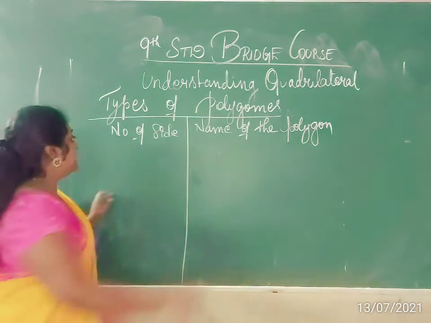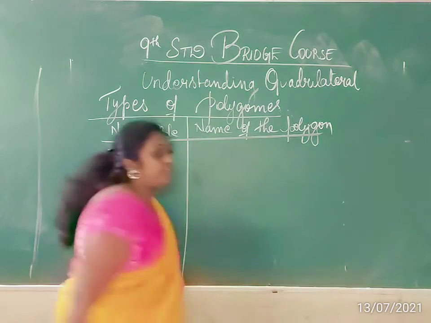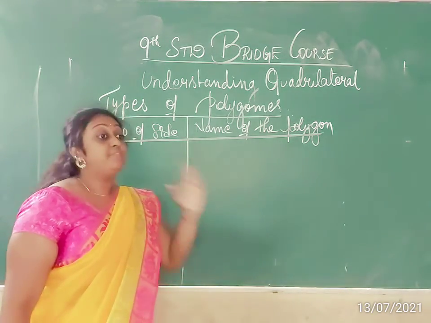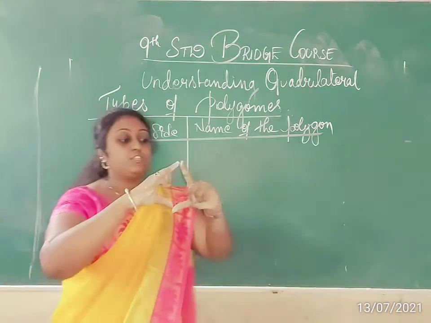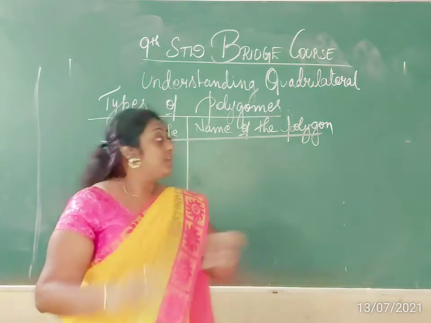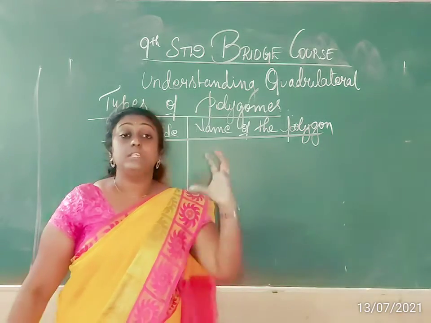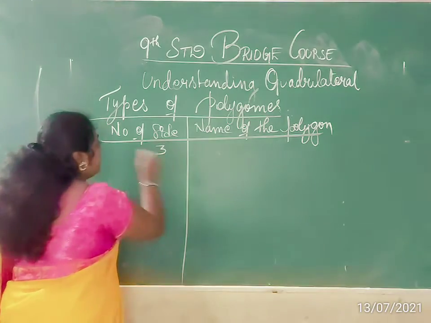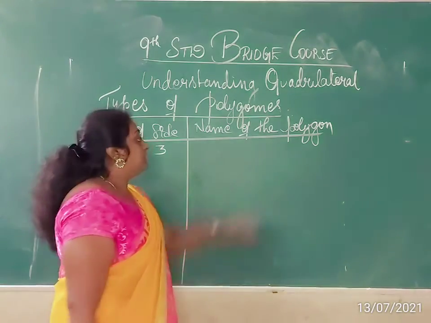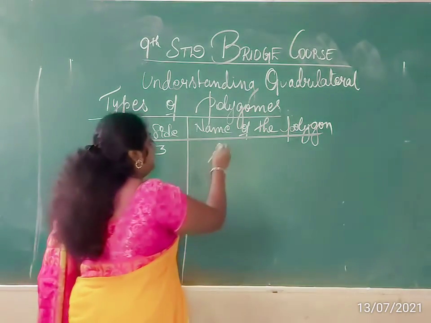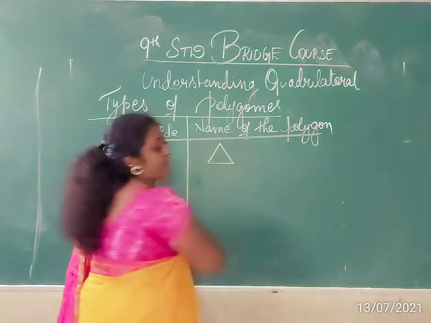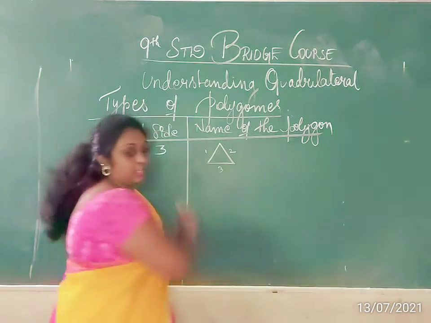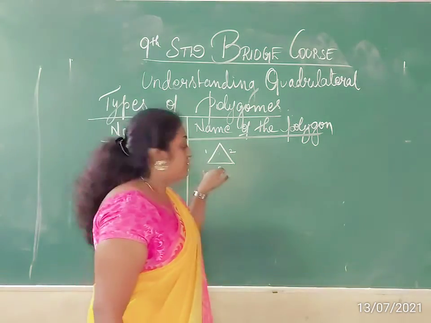The polygon starts only from 3 sides, because with 3 sides only I can make a closed surface. A polygon is a closed surface made of line segments. So the first one, 3. What is this 3? It is a triangle. See how many sides there are: 1, 2 and 3. So it is 3 sides, triangle.